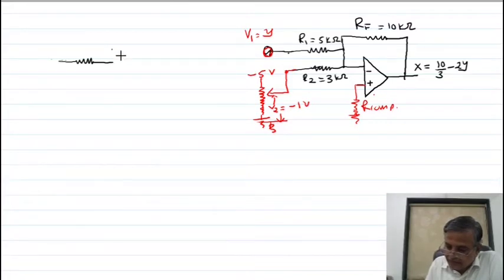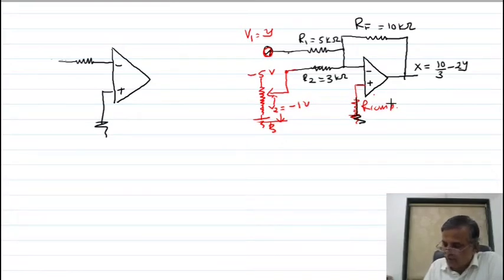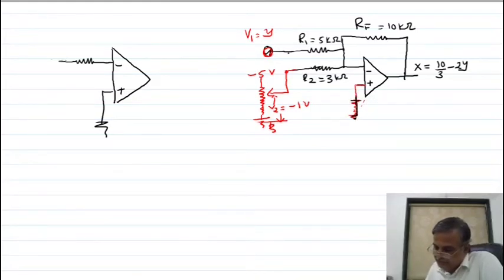This is the operational amplifier. Plus, let me just ground it for you, or you can use a compensated resistor, but for simplification I am using a ground here. Here I am writing R1.